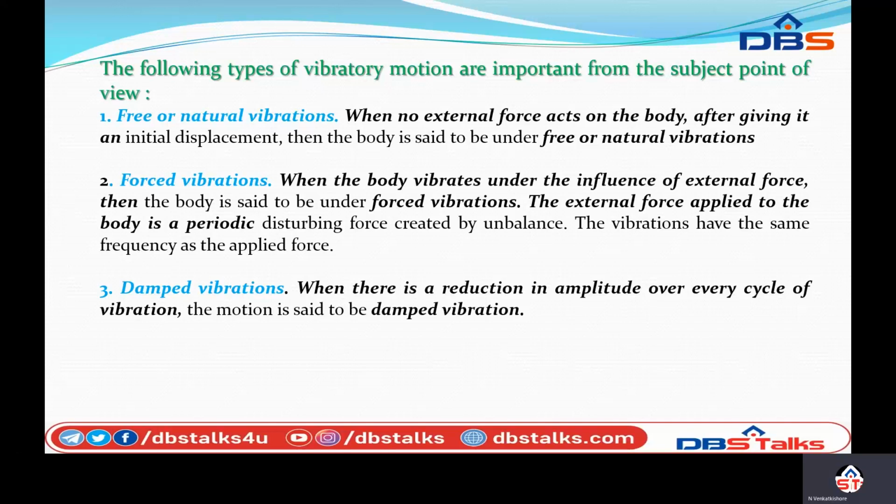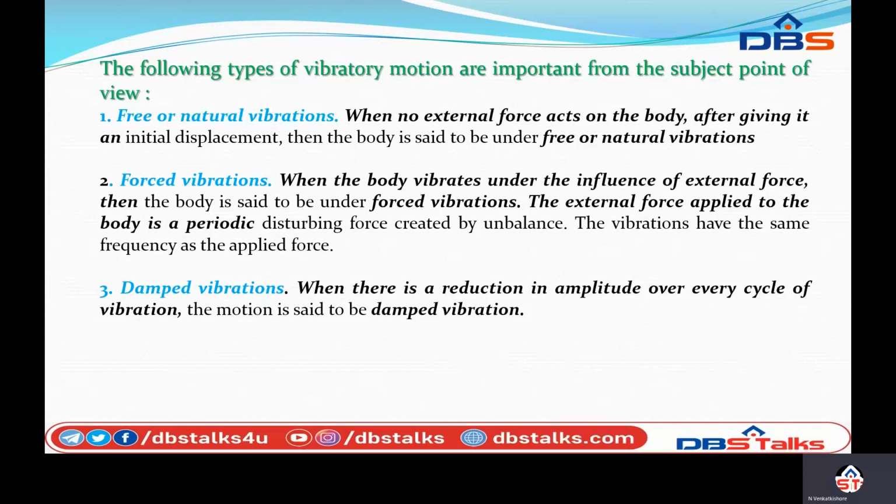Next is damped vibration. When there is a reduction in amplitude over every cycle of vibration, that means the amplitude comes down for every cycle of vibration, that is called damped vibration. But why?